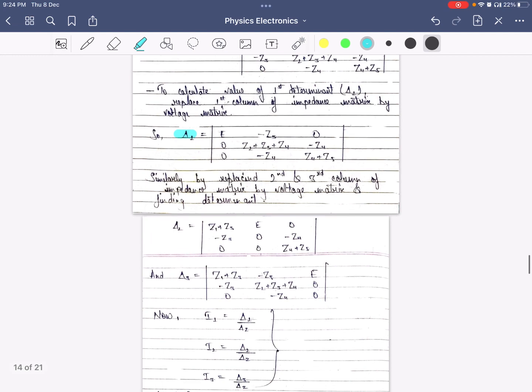After that, we are going to replace the matrix of voltage into matrix of impedance in the second column and we are going to find determinant of that will be the second determinant. As for the third determinant, we are going to replace matrix of voltage into the third column of the matrix of impedance.